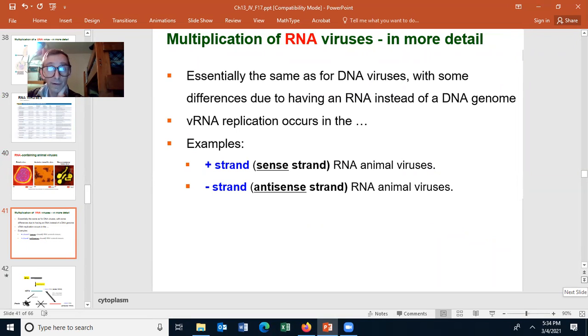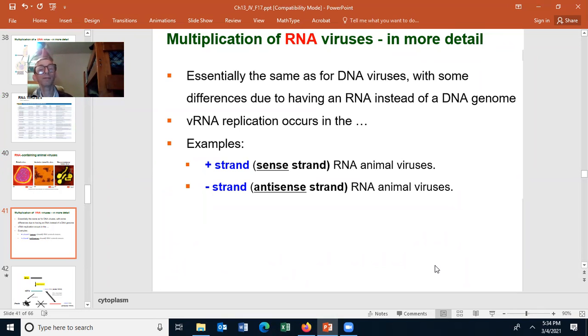The multiplication of the RNA viruses is essentially similar to the DNA viruses. There are some differences though, because they have RNA as their genome instead of DNA. As a rule of thumb, animal RNA viruses generally replicate in the cytoplasm.